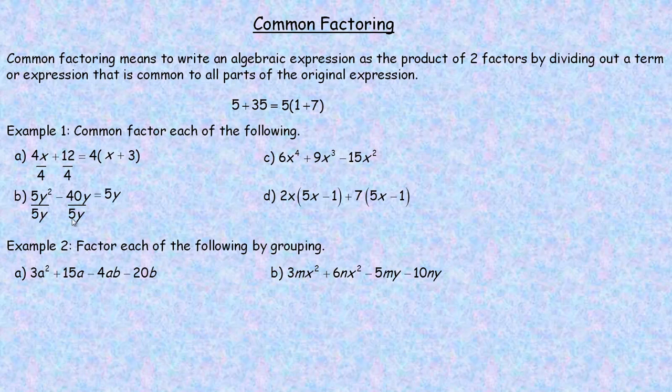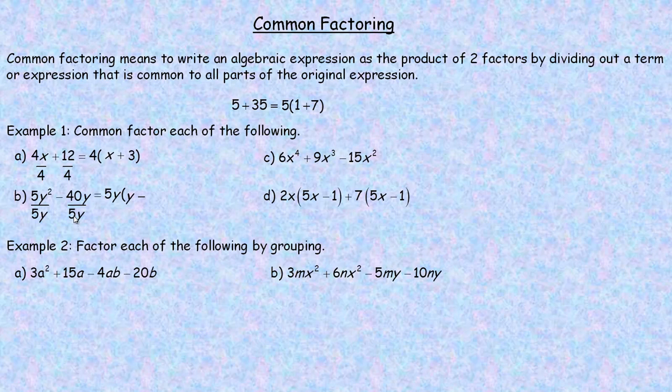So the common factor is this 5y. We're dividing into both of the terms. And so if we divide 5y squared by 5y, 5 divided by 5 is 1. And so at the beginning here it would be a 1 something. And y squared divided by y to the first. Remember there's actually a 1 here. And 2 minus 1 when you're dividing gives you a power of 1. So you just have y to the first or just y here. And then minus.